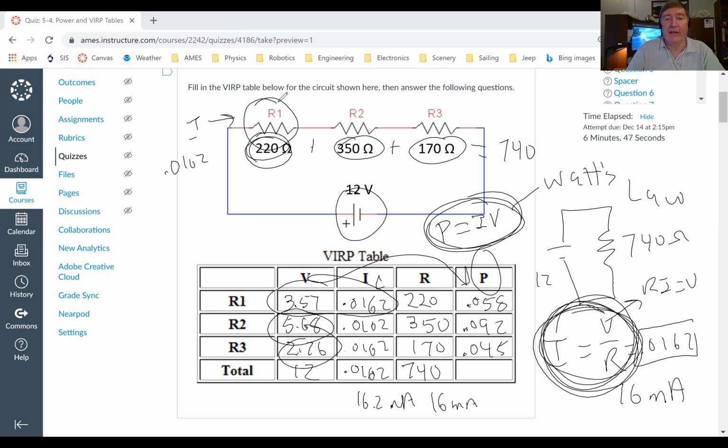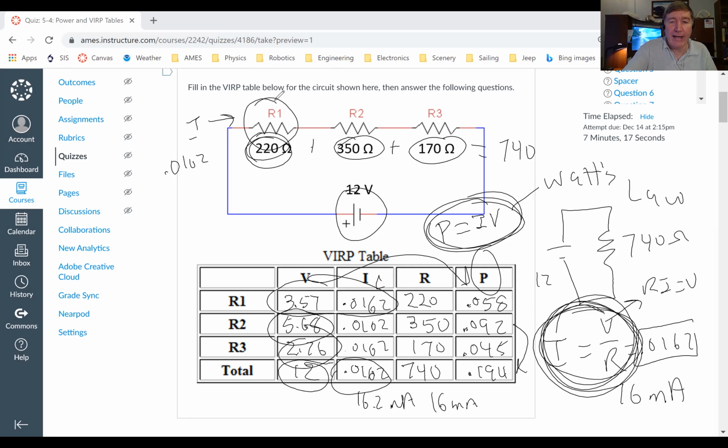Okay. And then if I want to get the total power, what I could do is add all of these together and put it there, or I can take this voltage times that current and put it in there. Either way will give me the same answer. And it works out to be 0.194.